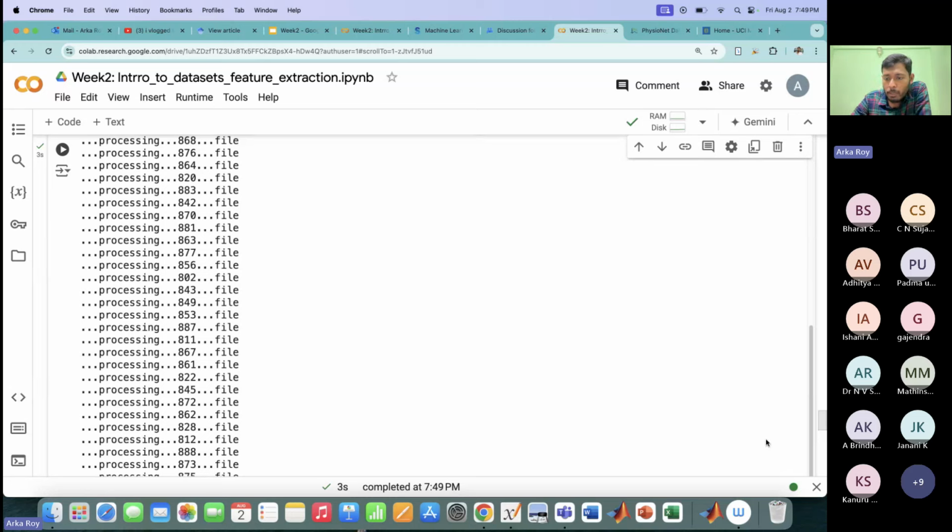But the problem is, as you have seen in the lecture series also, we talk about good features and bad features. Now, how do we know the good features and bad features? If the feature is not able to classify the signals well, then your machine learning or deep learning classifier will not be able to identify whether the signal is coming from a disease case or a normal case.